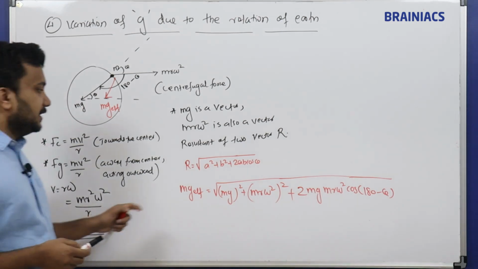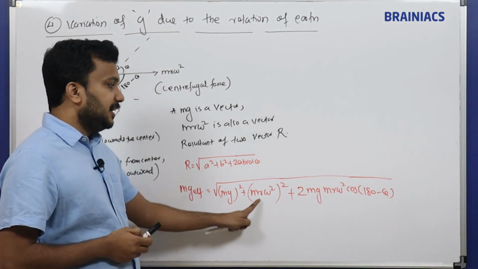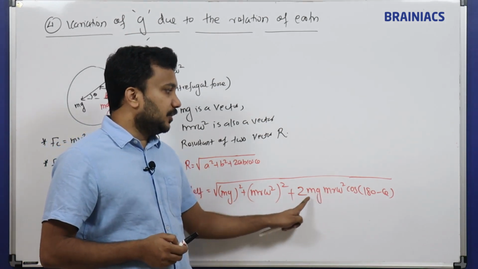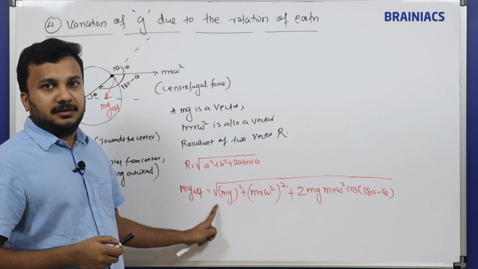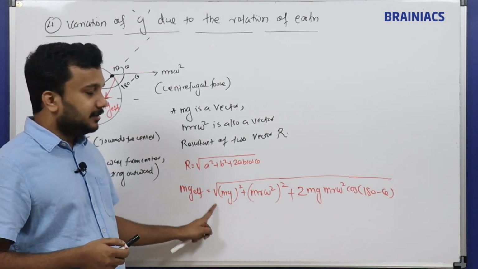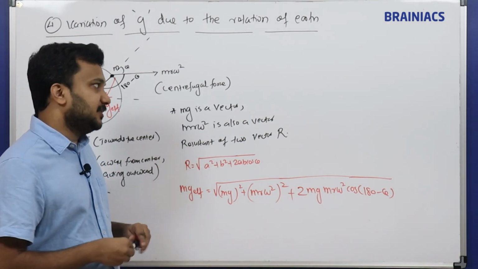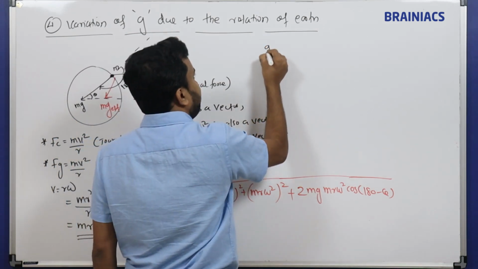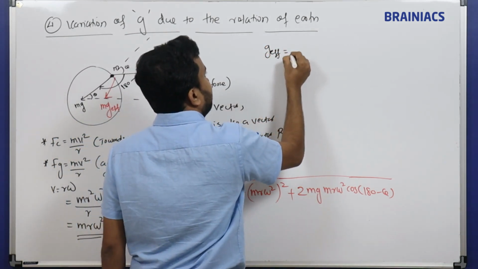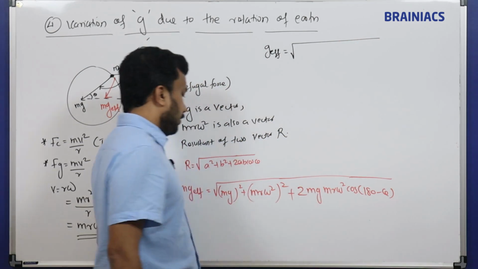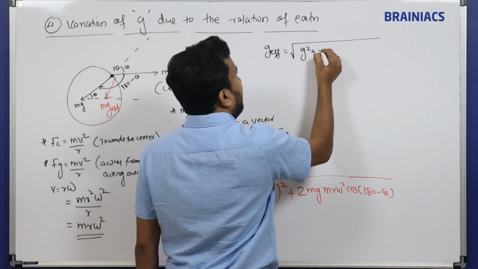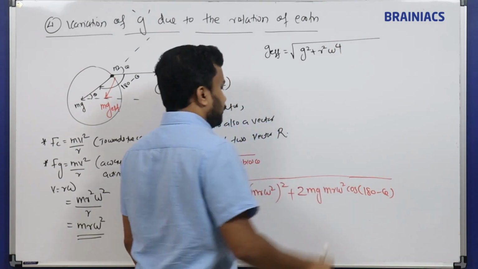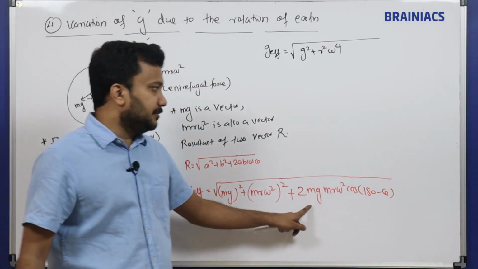Okay, so you can see here m square will come, here also one m square will come. All m square we take out of the root, then it becomes m, and that m and this m will cancel. So what is coming balance? g effective is equal to root of g square plus r square omega raised to 4. Okay, m is gone.